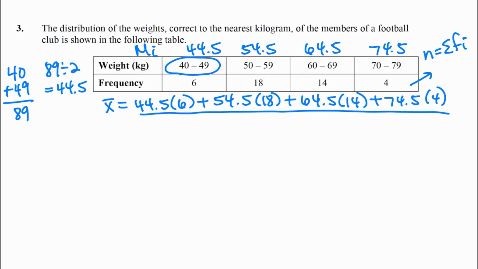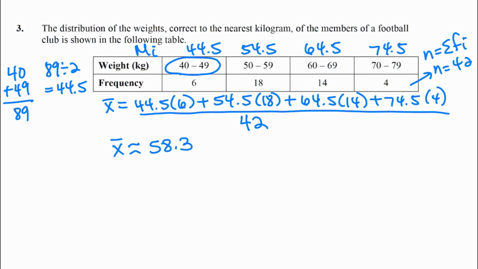So in this case, if you add 6 plus 18 is 24, 24 plus 14 is 38, plus 4 is 42. So n is equal to 42, which means that I'm going to divide everything by 42. So go ahead and take your calculator and figure out this answer. So in this particular case, the mean is approximately equal to 58.3.